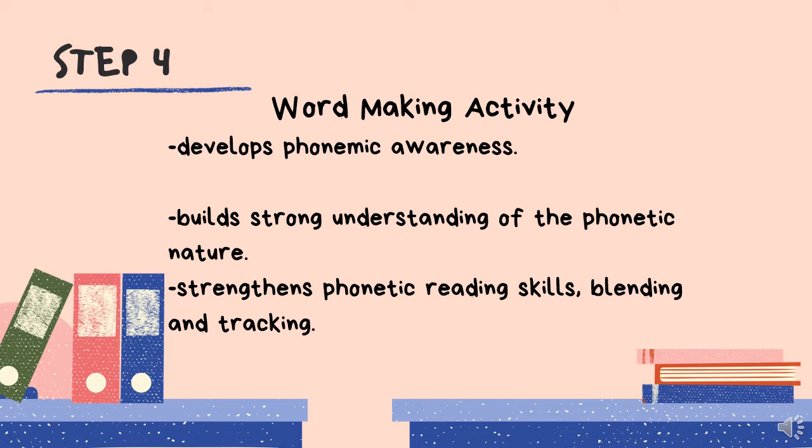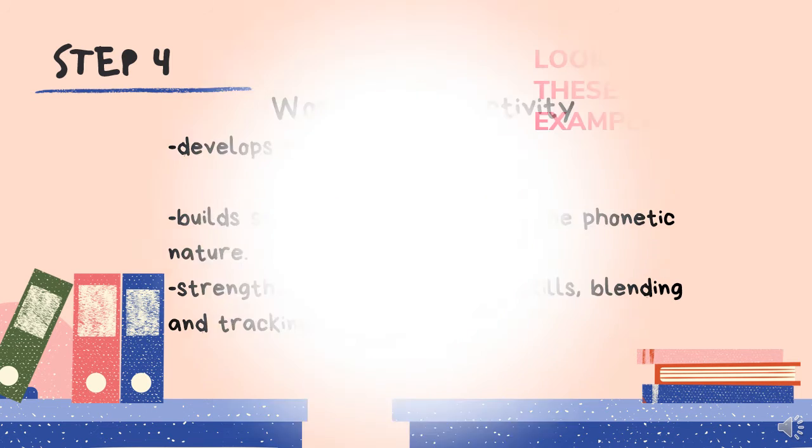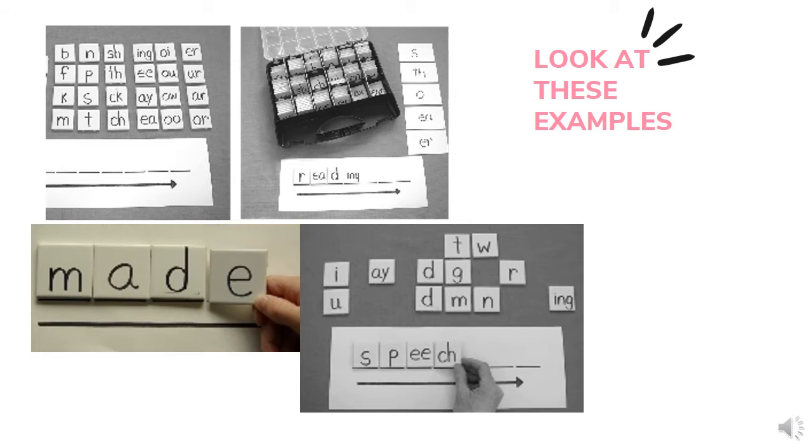This word-making activity also incorporates kinesthetic, visual, and auditory processes and reinforces basic sound skills. Now look at this example. These sound tiles are particularly effective with remedial students. See, it is also lots of fun. The kids will surely enjoy the game.